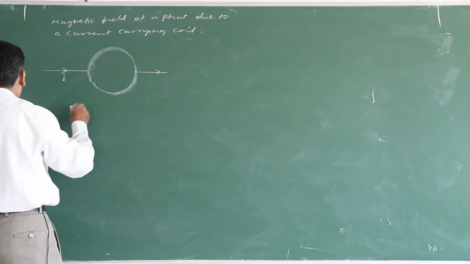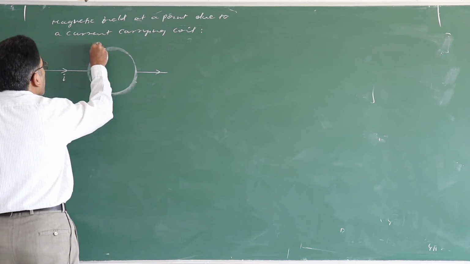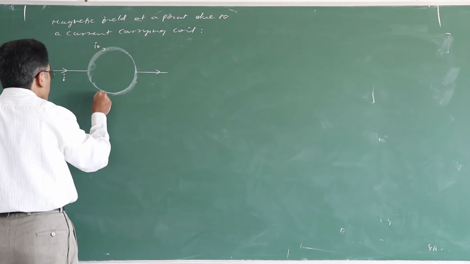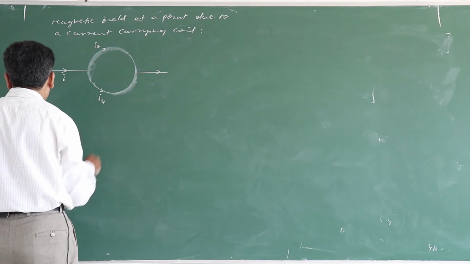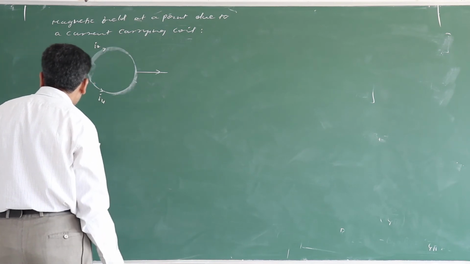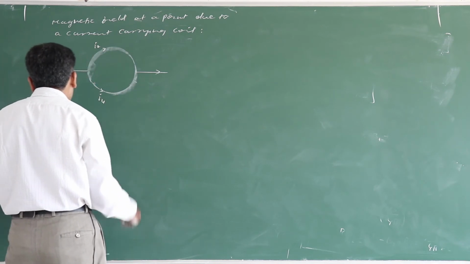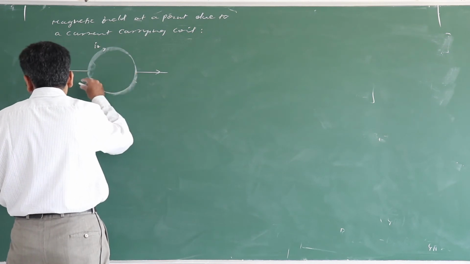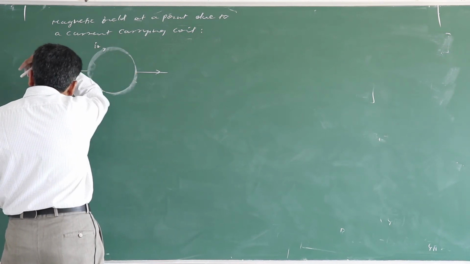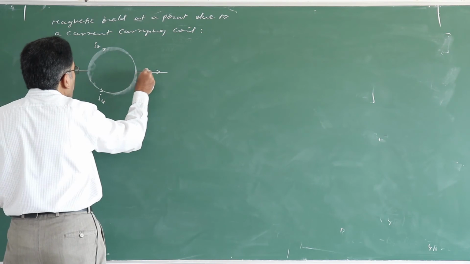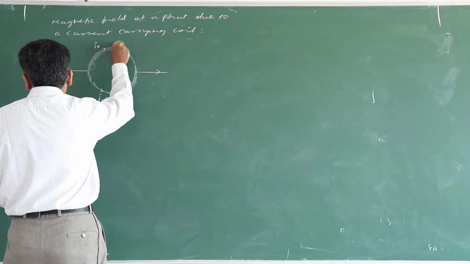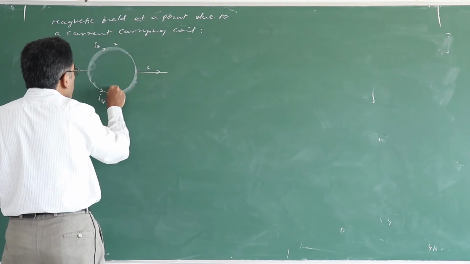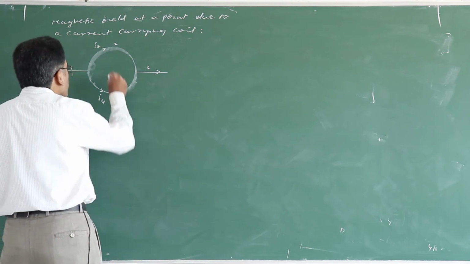This is I, this is I2, this is I4. Then I take it as 1, 2, 1, this is 2, 3, this part is 4, R.